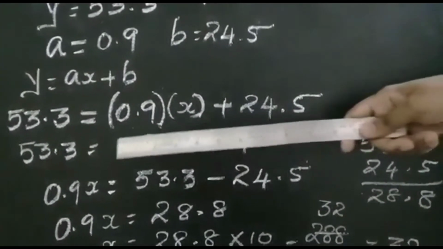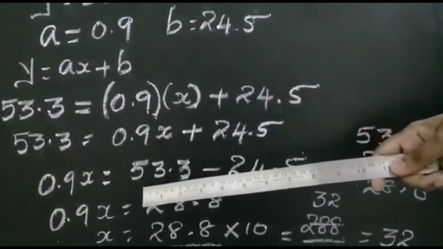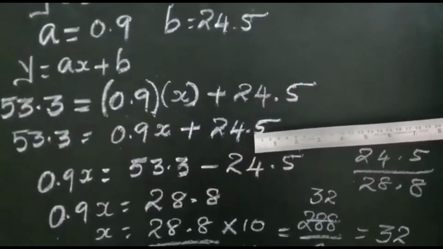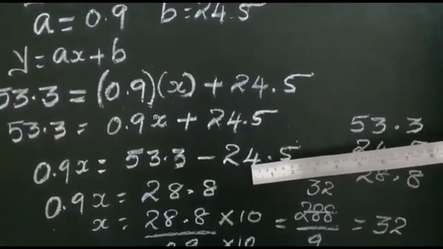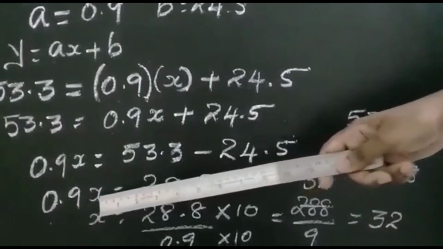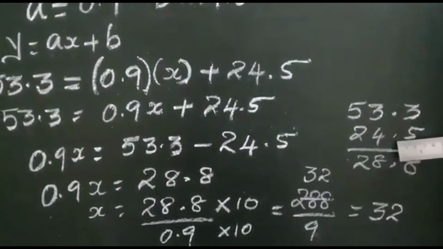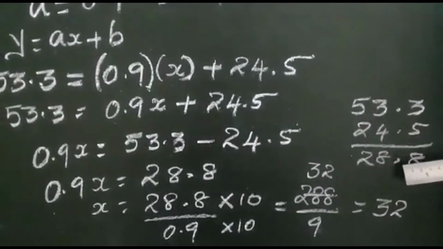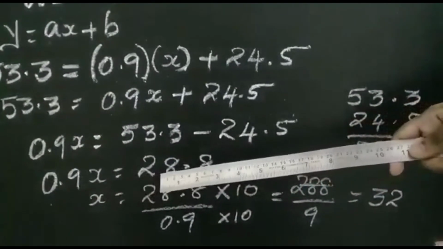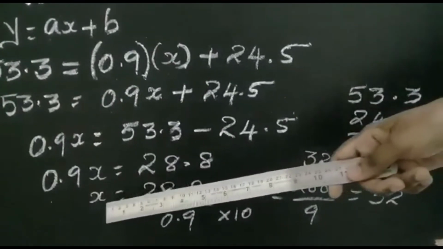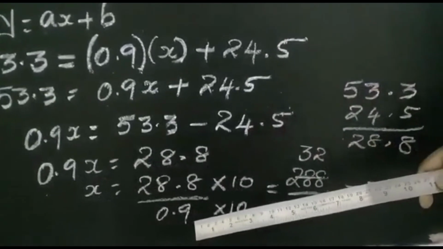Now we have to find the x value. So 0.9x is equal to 53.3. The 24.5 on the right side goes to the left side as minus 24.5. 0.9x is equal to 53.3 minus 24.5. The answer is 28.8. So 0.9x is equal to 28.8. Now x is equal to 28.8 divided by 0.9.